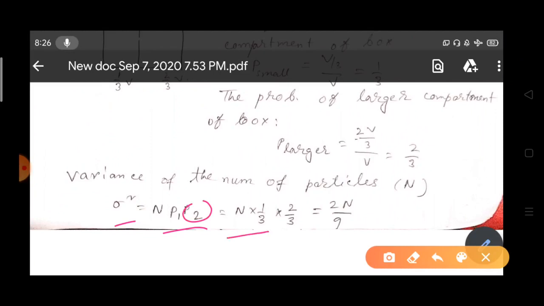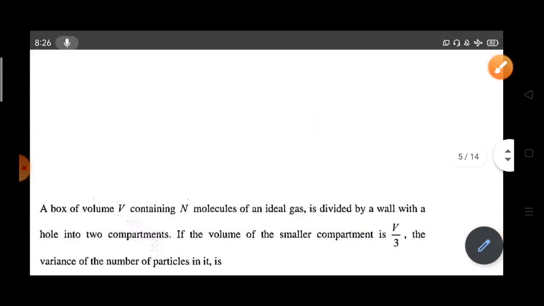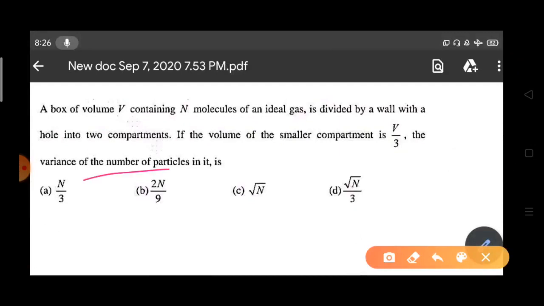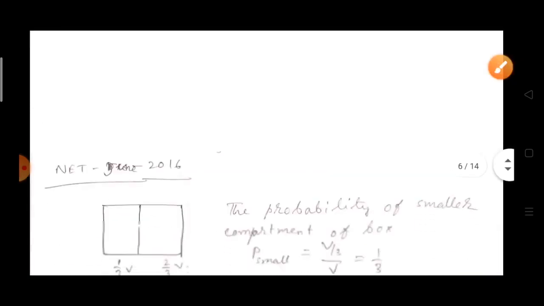Here p1 is for the smaller box and p2 for the larger box. So N into 1 by 3 into 2 by 3 is 2N divided by 9. So the variance of the number of particles in the smaller compartment is 2N divided by 9.